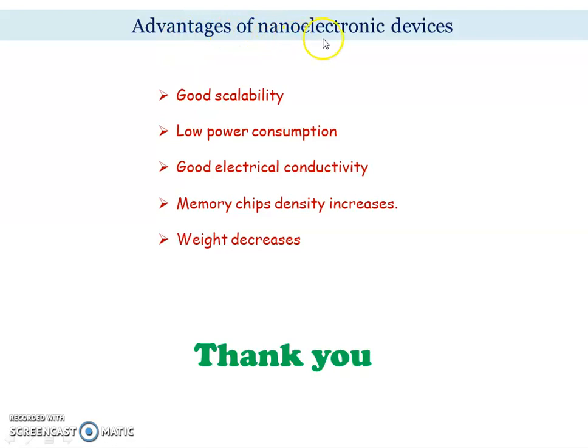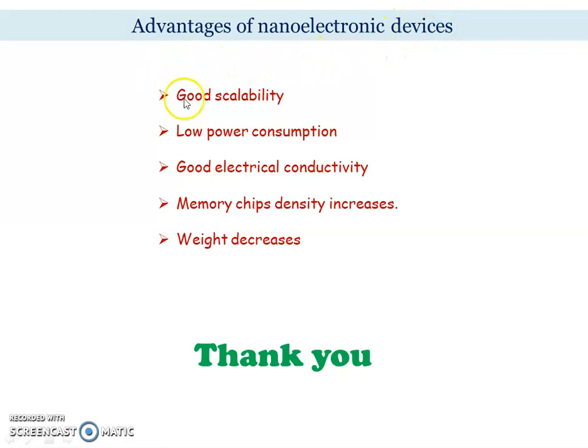And these are the advantages of nanoelectronic devices. Like in the last slide, we saw the advantages of nanomaterials. Here, nanoelectronic devices means the size of the electronic device is at the nanometer scale, or the device can be fabricated using nanomaterials.